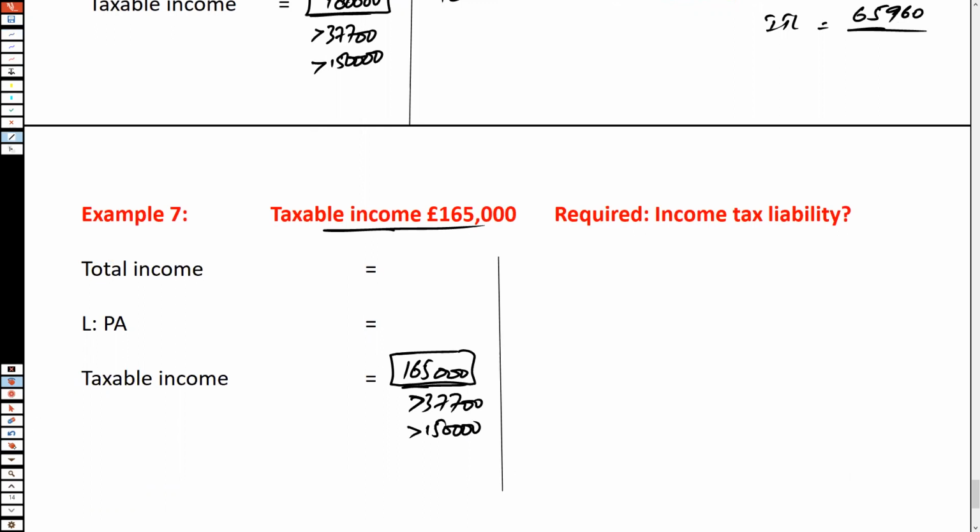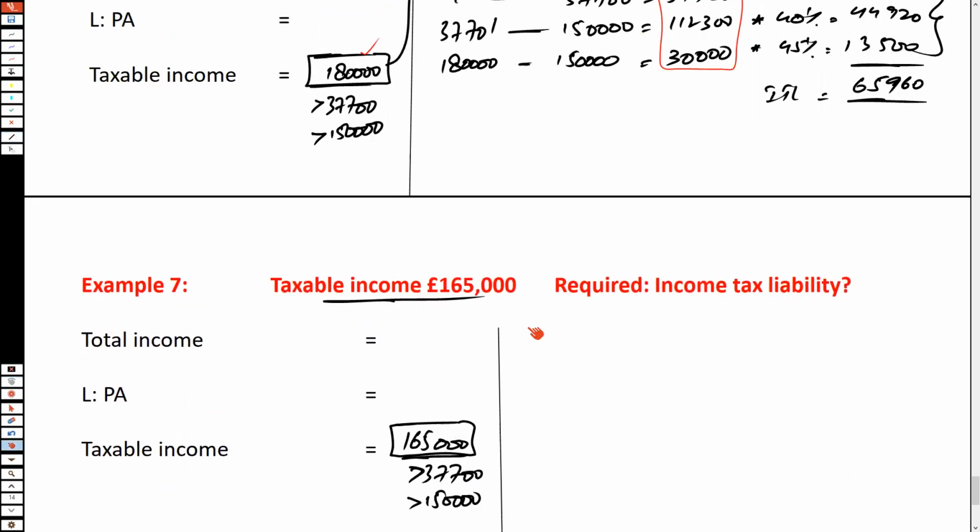Please stop the video here and try to attempt this last example on your own first, and then you may compare your answer with my calculations. Please stop the video for 1 to 2 minutes, and after attempting this example on your own, you may compare both answers.